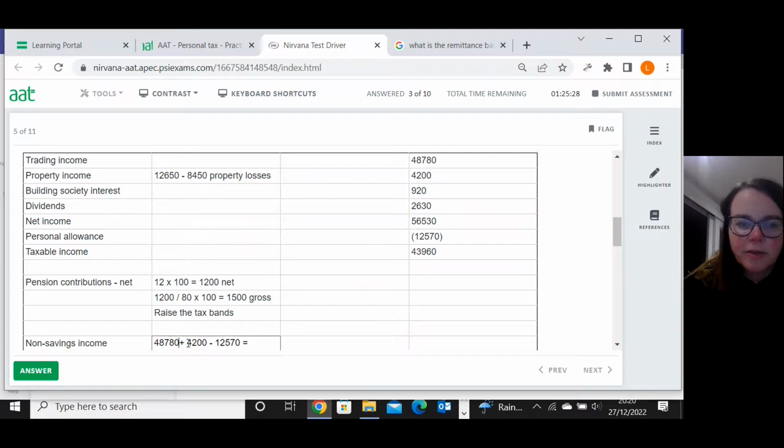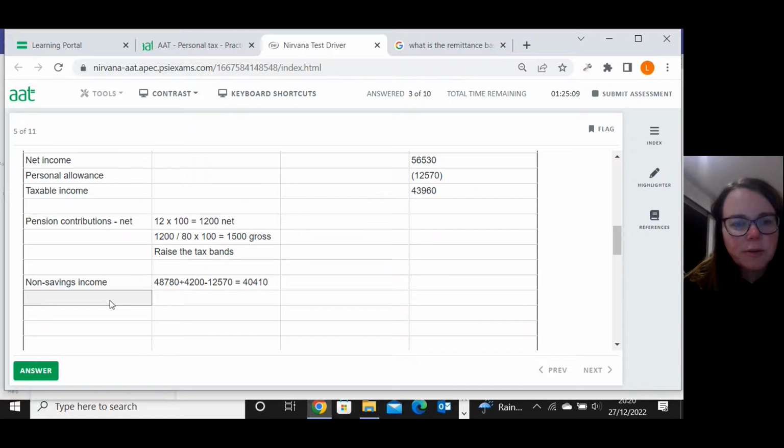Just getting rid of some of those spaces, as I've spaced that out too much. So our non-savings income then is, I think, 40,410?